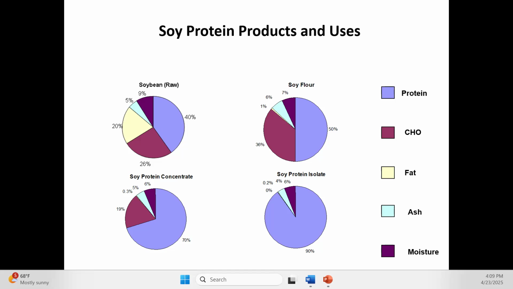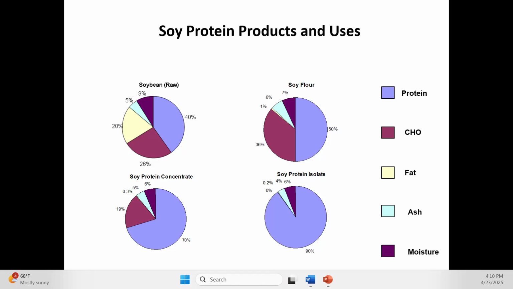In the flour format, it is defatted, so the fat is gone. You have about 50 to 55% protein, depending on the variety, and then a lot of fiber. The carbohydrate you have here is not starch, it is mostly dietary fiber.